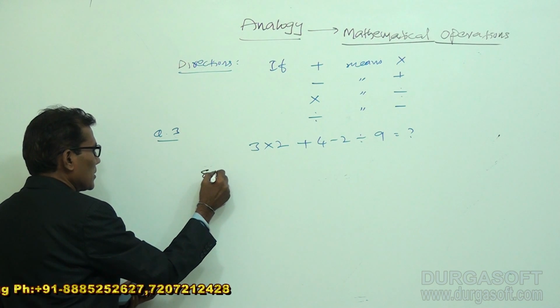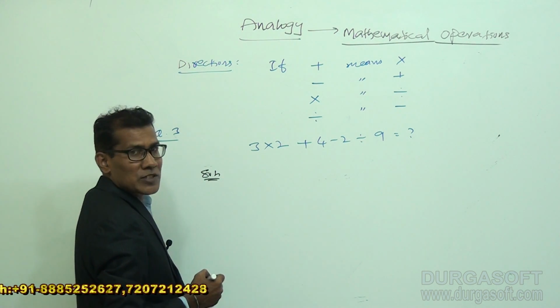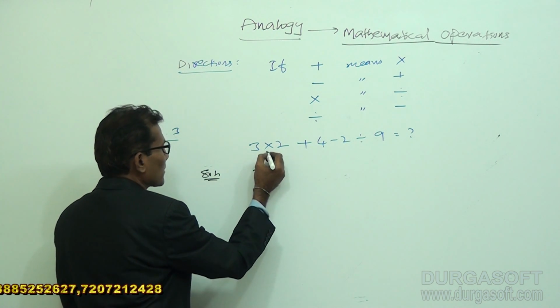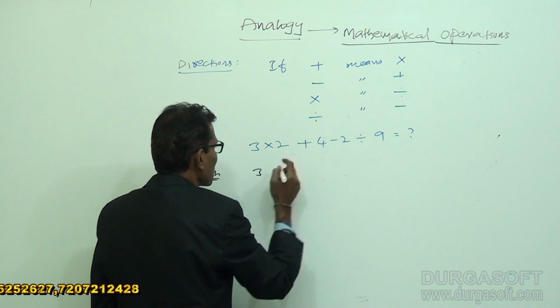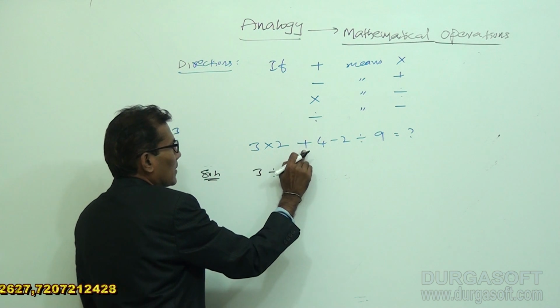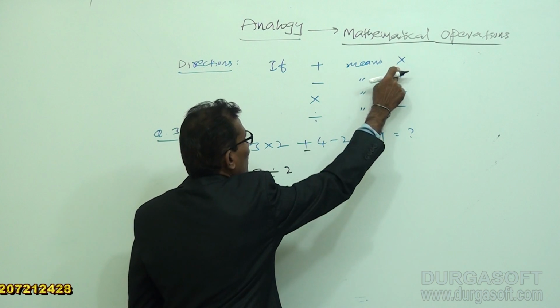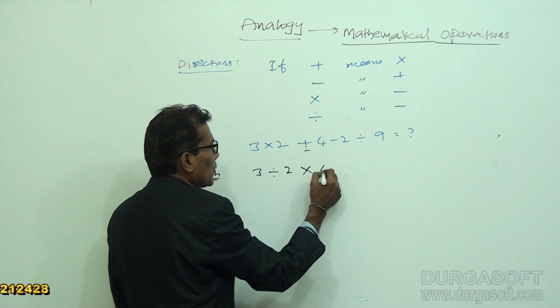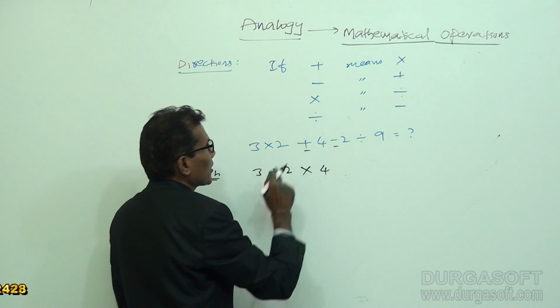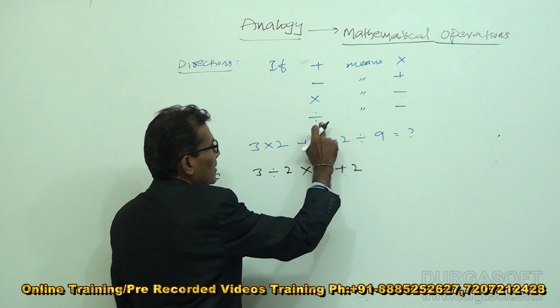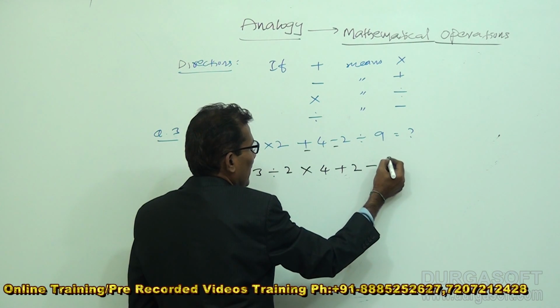Then for your solution, I am going to change the given operators according to the given instructions. 3 as it is, and multiplication changed to division. Then 2, then addition is changed to multiplication. Then 4, then subtraction is changed to addition. 2, and the division is changed to minus, then 9.